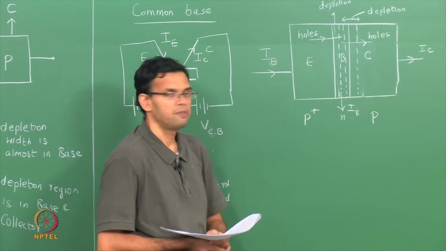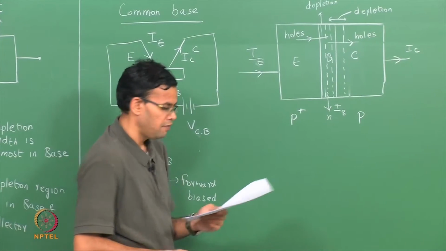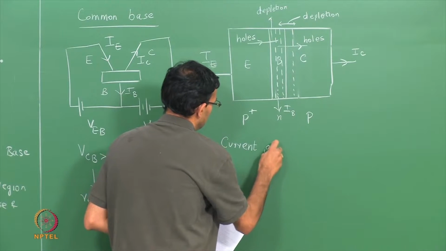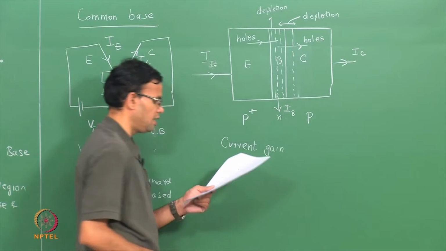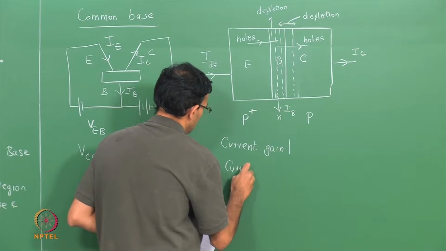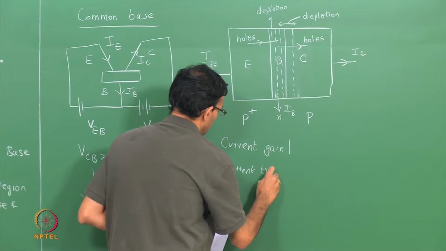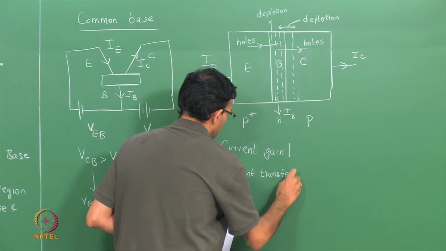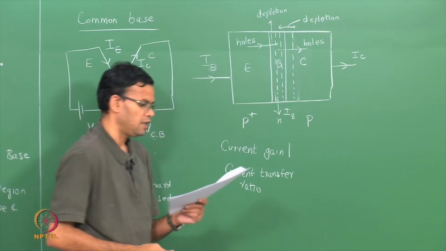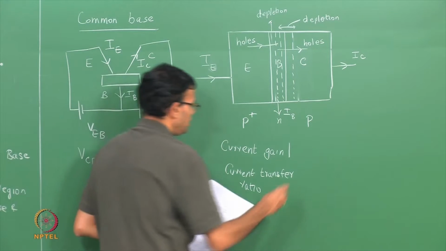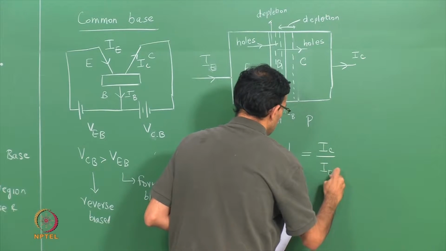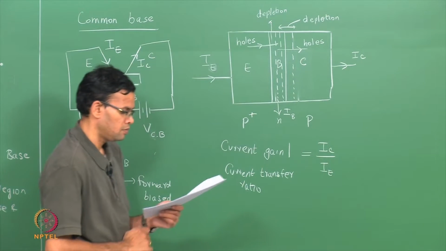In the case of a bipolar junction transistor, we can define a current gain. Another name for it is also the current transfer ratio. It is nothing but the ratio of the collector current to the emitter current.